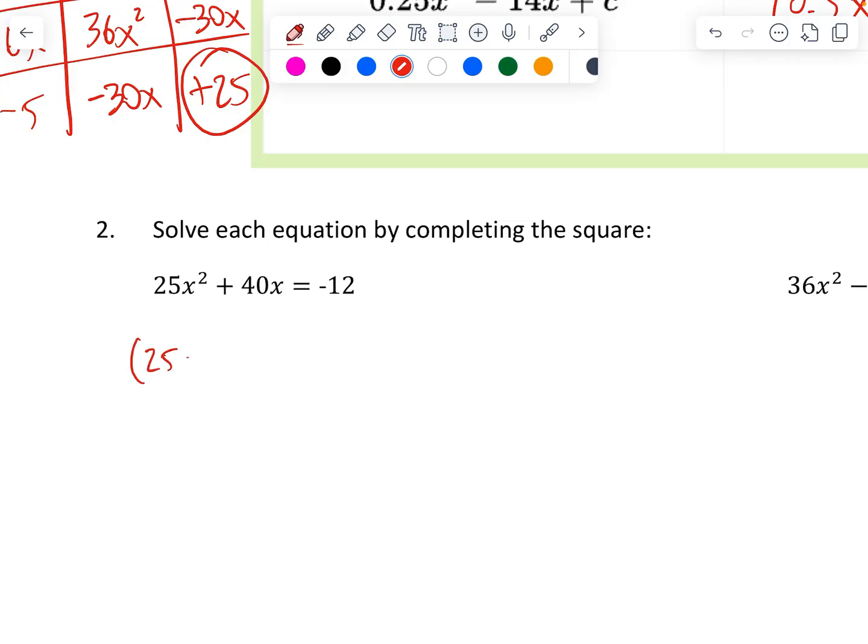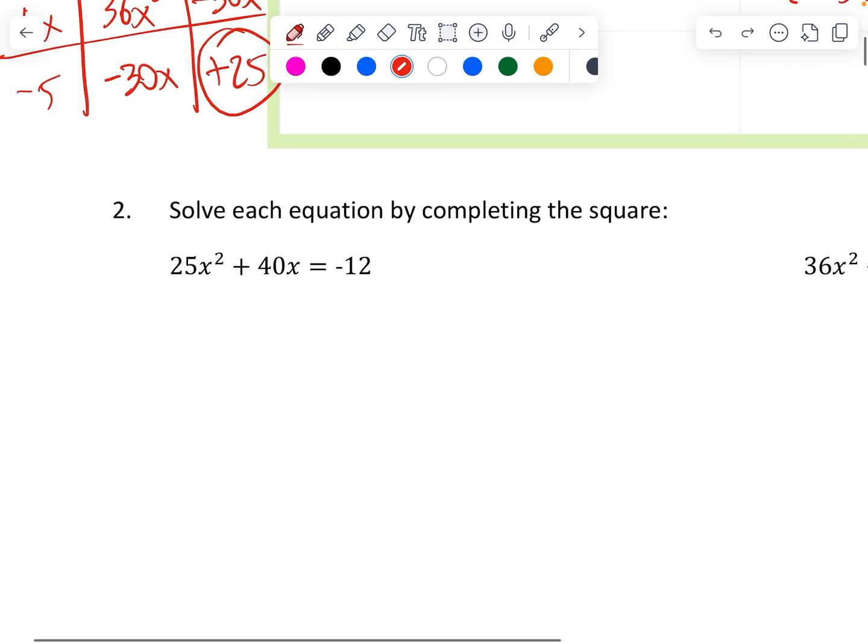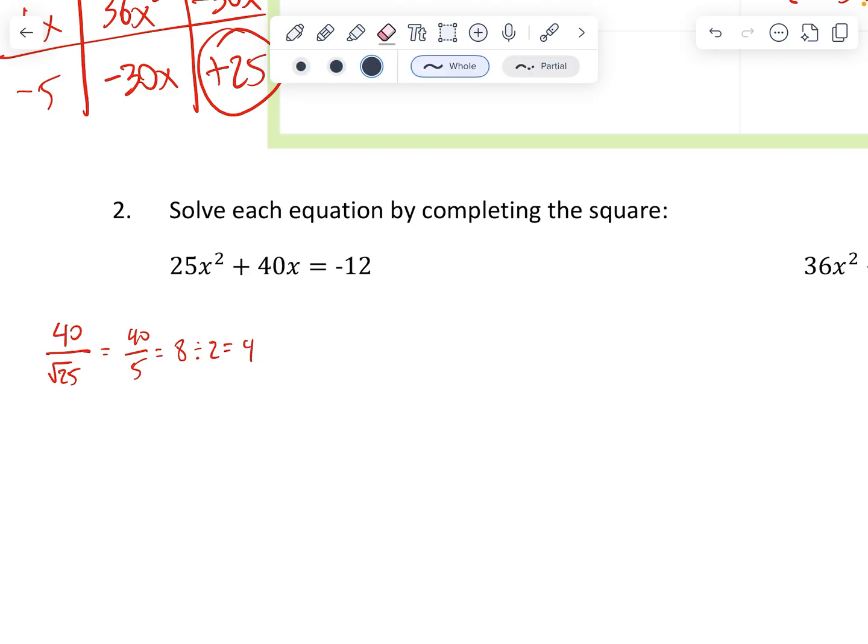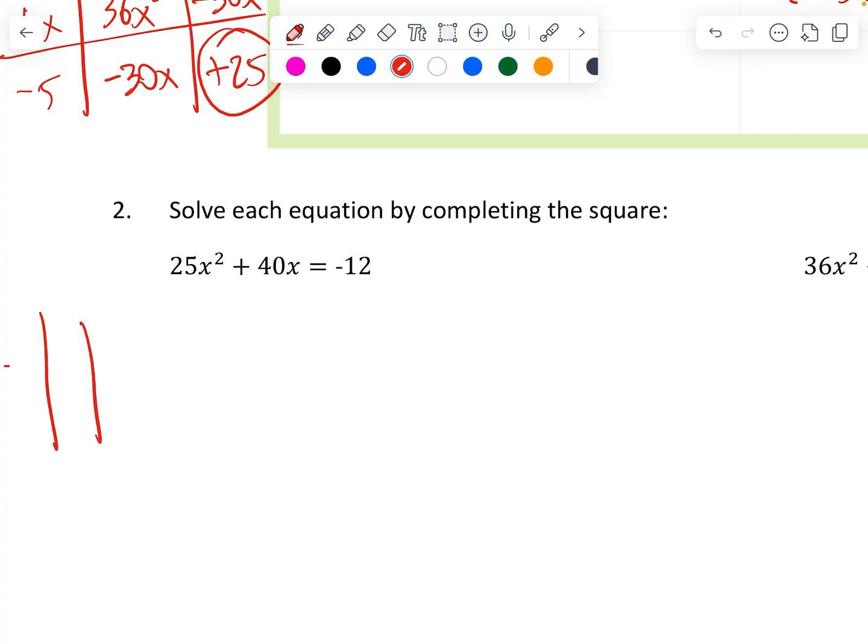So if you have 25x squared plus 40x, you can take 40 divided by the square root of 25, and that's going to be 40 over 5, which is 8, and divide that by 2, and you get 4. So you're going to be adding 4, or 4 is going to be the factor. But if you weren't sure about that, use your table.